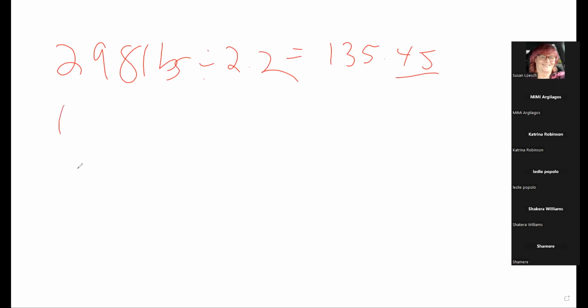Then you take the 135.45 and we're going to multiply that times our ordered dose, which was what? 30 micrograms. Okay, 30 micrograms.